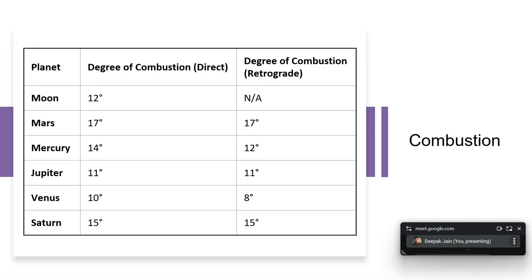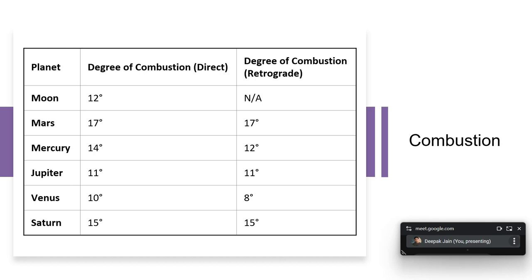Now any planet, when it comes too close to the Sun, now our reference point is Earth. Always remember, we are looking from Earth. Whenever we are looking at the sky from Earth, and a planet comes too close to the Sun, since the Sun is the brightest planet, the luminary, which provides energy to all other things in the solar system, the planet becomes invisible to us.